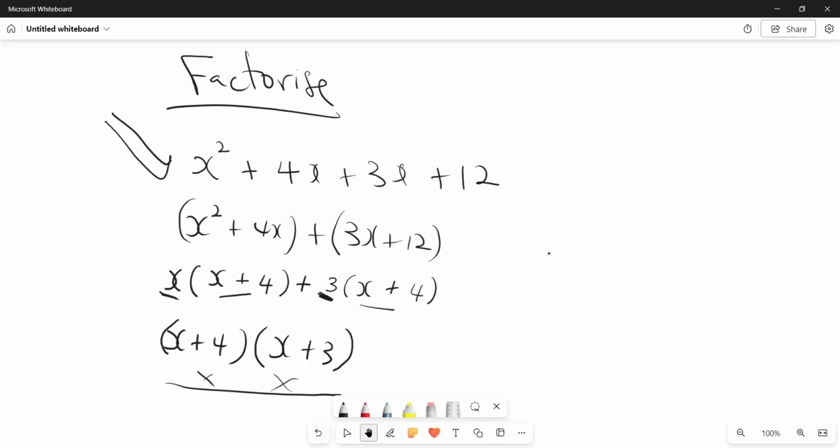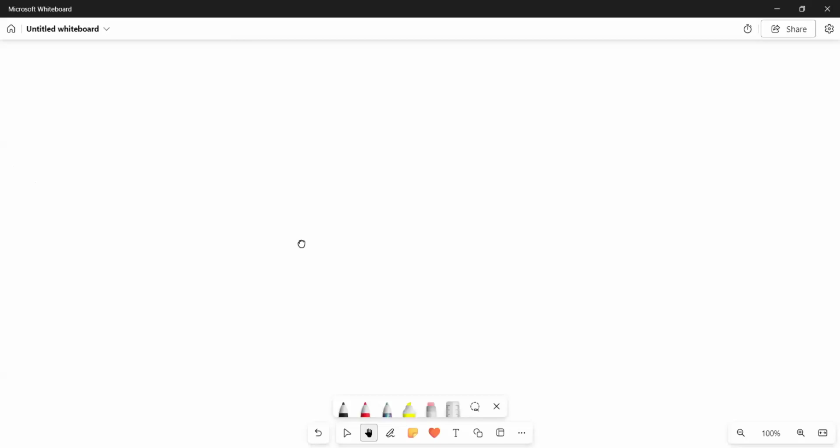I want to do one last one that is a little difficult, tricky. You have to factorize x squared plus 4x minus 3x, let's say minus 12.